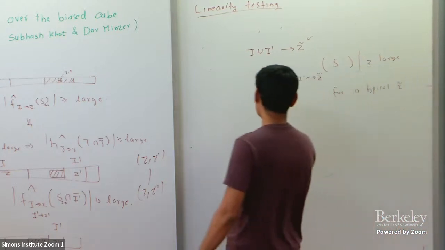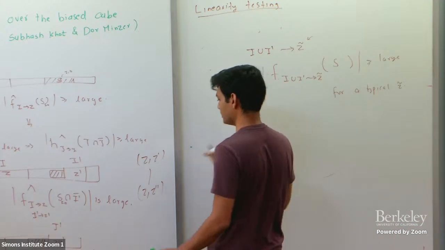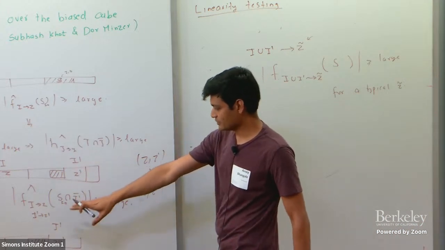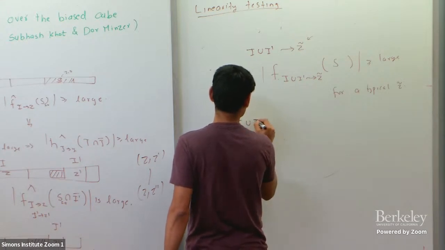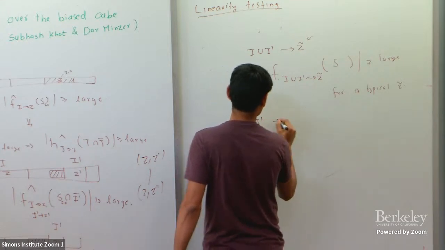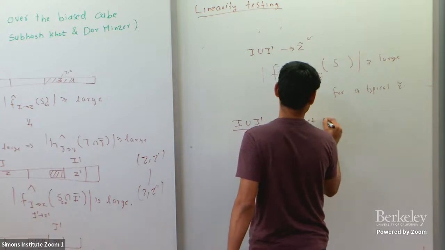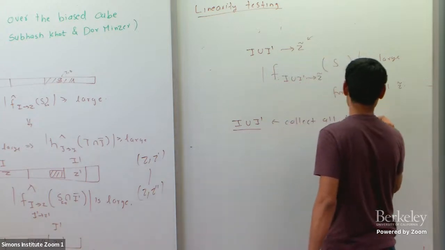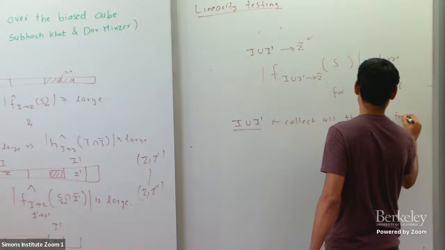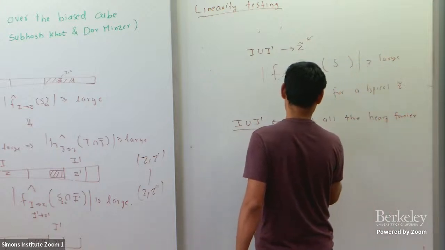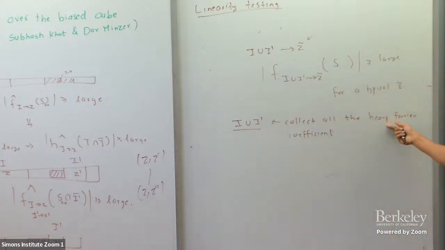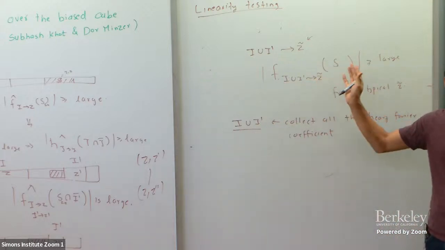So now we can really forget about Z prime and Z double prime. So for I union I prime, collect all the heavy Fourier coefficients. And when I say heavy, it means that it stays heavy for a typical restriction.